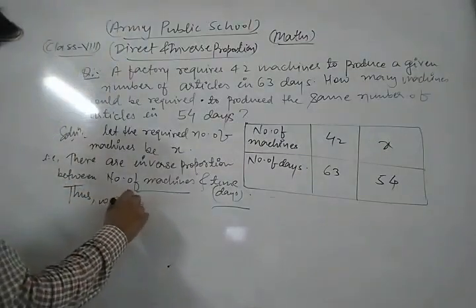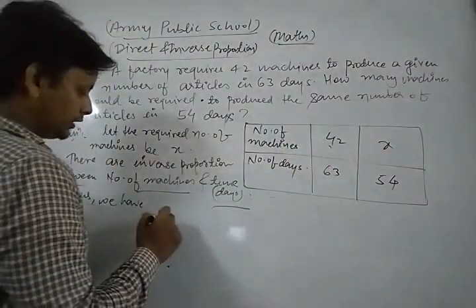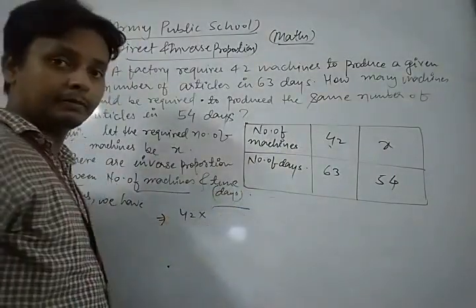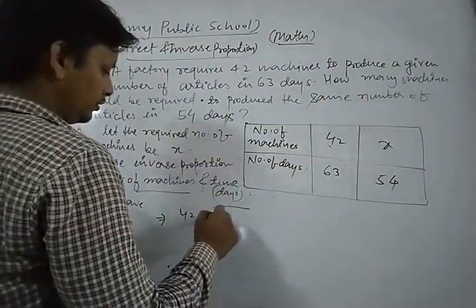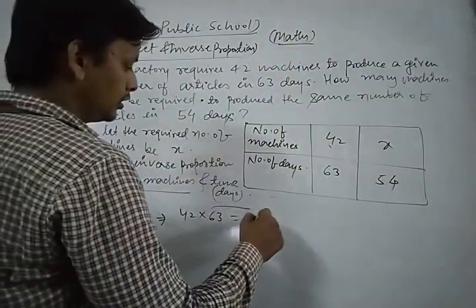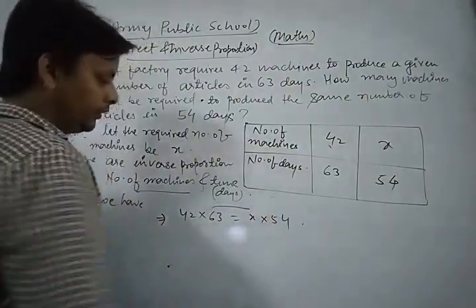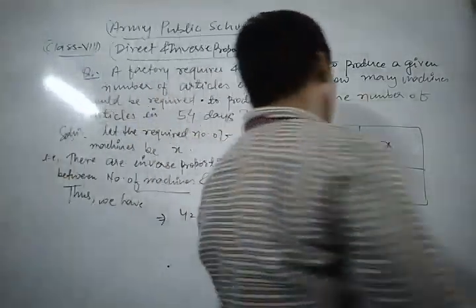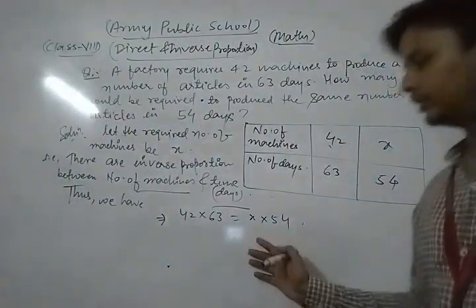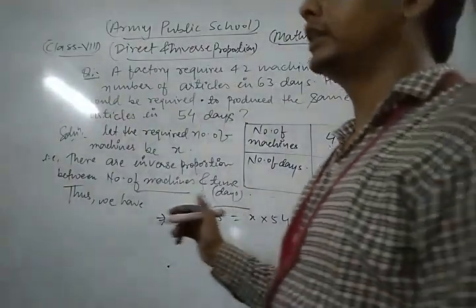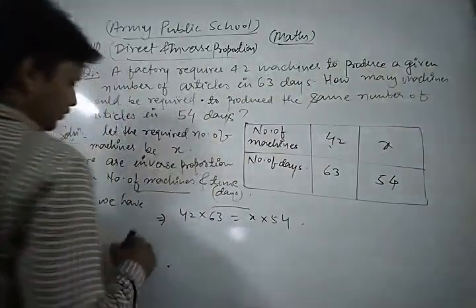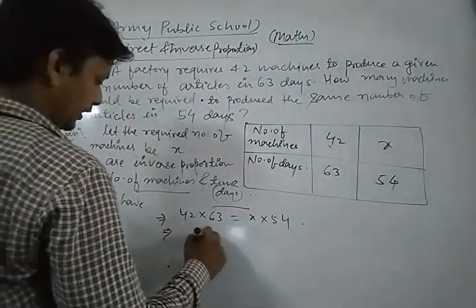Thus we have 42 into 63, we just multiply them. 42 into 63 is equal to x into 54. Now, dear students, from there we find the value of x.